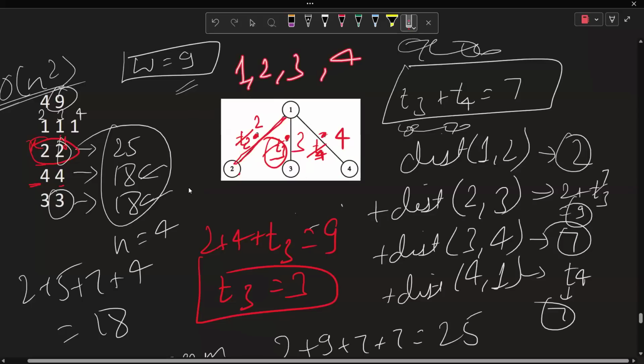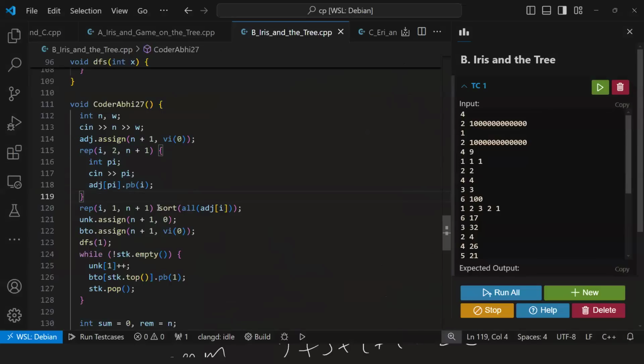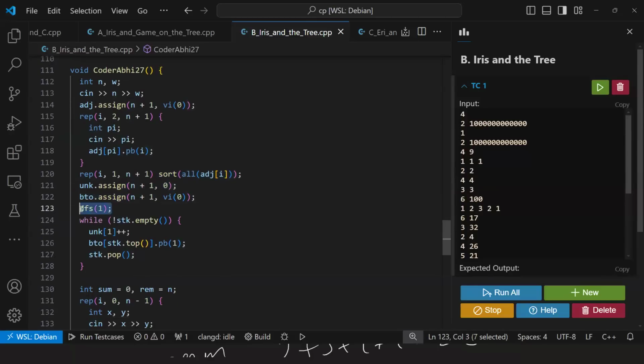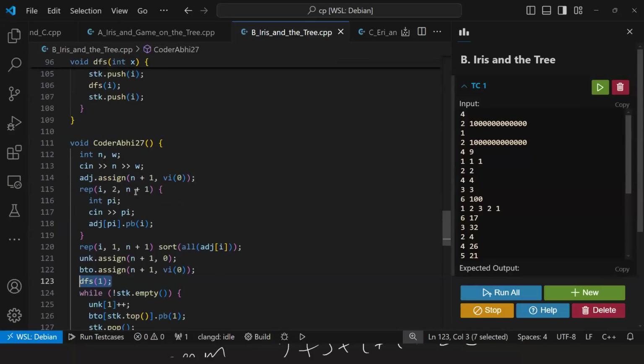So after taking the input, I just sorted all the children for every node, so that when I do the DFS traversal, I'm always moving in 1, 2, 3, 4, 5 like this. So my traversal order is always from 1 to n in sequence, with consecutive integers. So I sorted this. Now let's ignore this for now. Now I run my DFS.